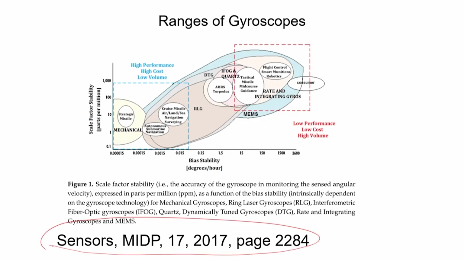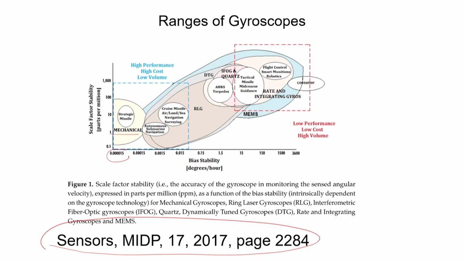I have just taken this particular figure to illustrate it. If the bias stability, that is how many degrees per hour it shifts, is low, then one should go for a mechanical system.